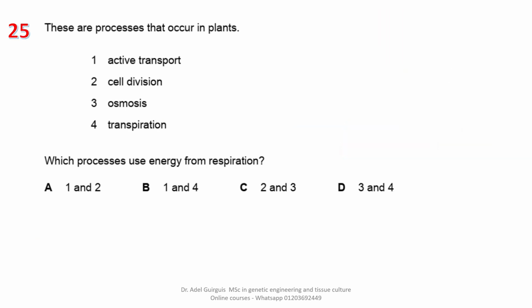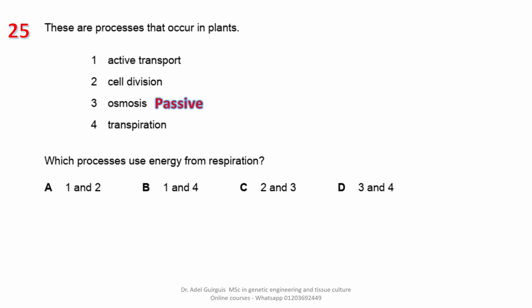Number 25. These are processes that occur in plants: active transport, cell division, osmosis, transpiration. Which processes use energy from respiration? Active transport uses energy from respiration. Cell division needs a lot of ATP, a lot of energy to help DNA duplication, mRNA transcription or synthesis, translation of mRNA into polypeptide chain, all of this needs energy.